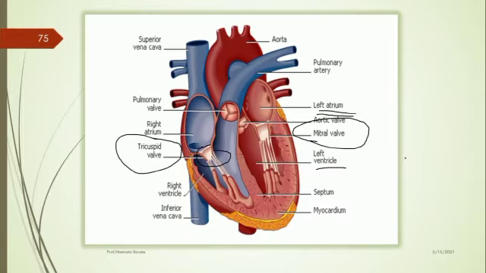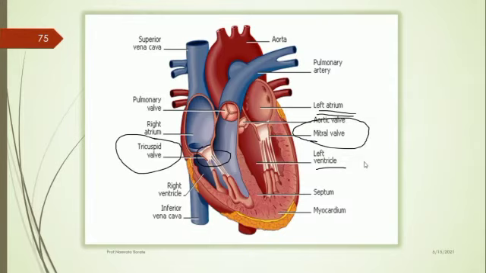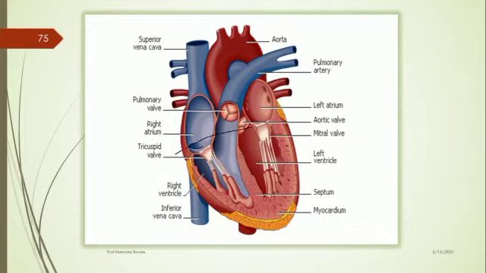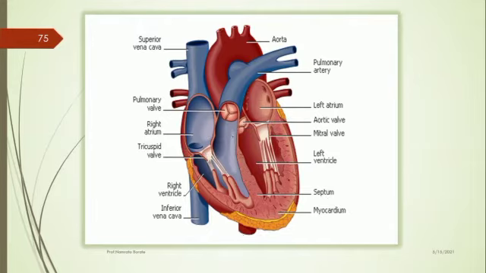The further part we concentrate on is the ventricle. So what are the characteristic features of the ventricle? This ventricle is basically the lower, inferior, thick-walled distributing chamber.